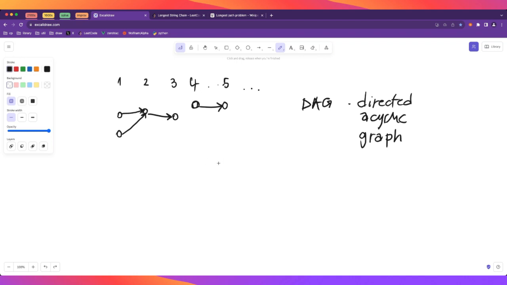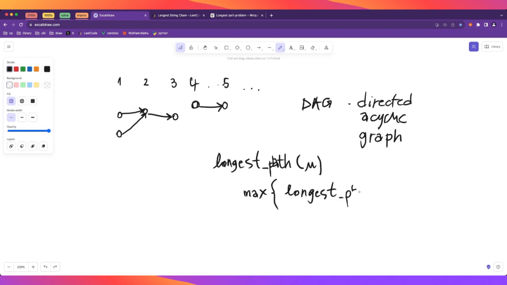If we want to know the longest path, so this will give us the length actually, from node U, then we can check the maximum of the longest path from B, where B are all the successors of U. Okay, this is kind of a pseudo code notation, but we need to add the current node, so this is 1.